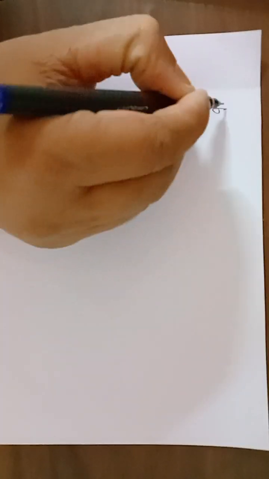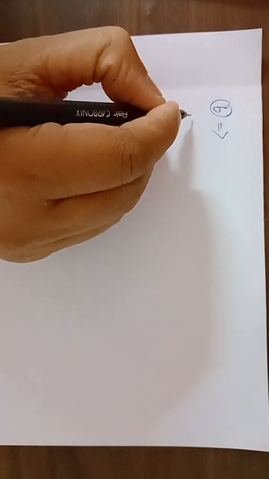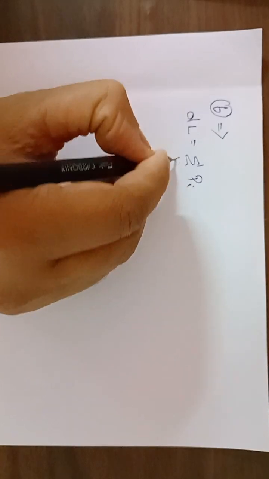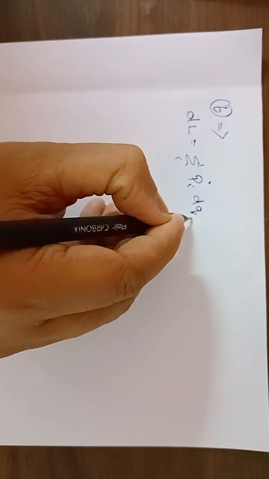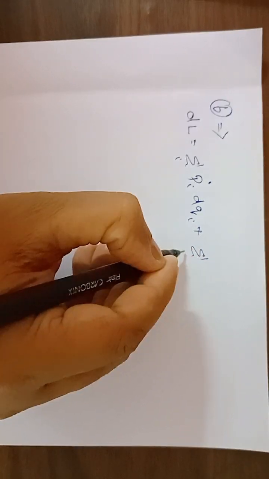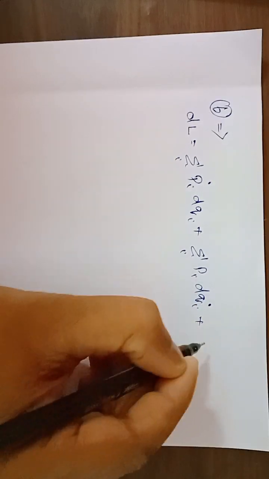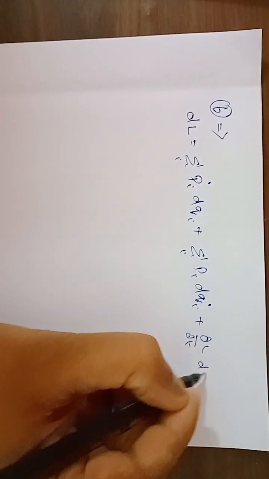So now equation 6 becomes, now the equation 6 we may write it as, substitute the values. Equation 6 becomes dL is equal to summation of pi dot dqi plus summation of pi dqi dot plus ∂L/∂t into dt.